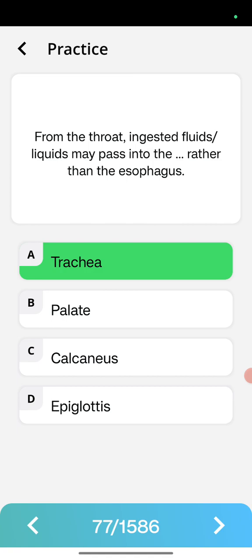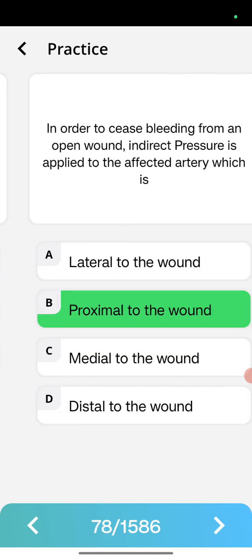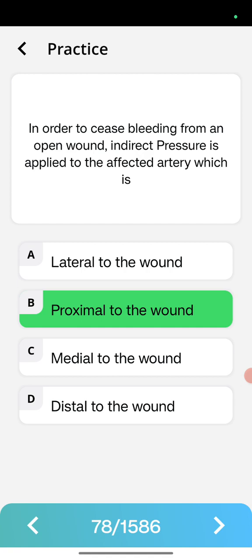From the throat, ingested liquids may pass into the trachea rather than the esophagus. In order to cease bleeding from an open wound, indirect pressure is applied to the affected artery which is proximal to the wound.